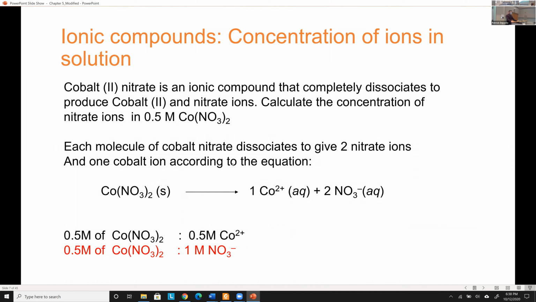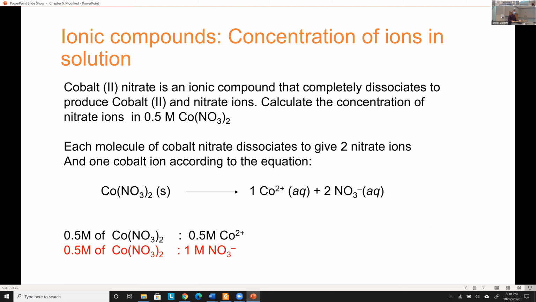Okay, so here is an example. This is cobalt(II) nitrate, a salt, right? It dissolves into solution. Now, with cobalt(II) nitrate, Co(NO3)2, the way it dissolves is all of its ions break apart. So its cobalt becomes Co2+ by itself, and then you have 2 nitrate ions individually by themselves.